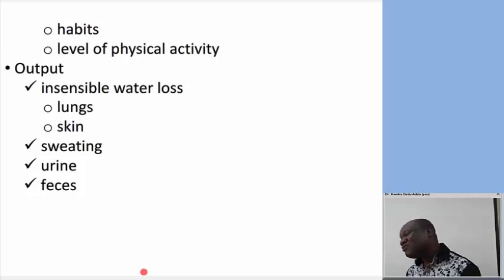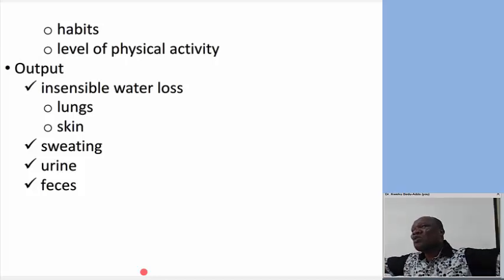Now, this is very different from sweating. In sweating, we see the water. In insensible water loss through the skin, you don't see the water. I guess that's how come it's called insensible, not perceptive. We don't perceive it. It's like going to hang your wet clothing on a dry line.